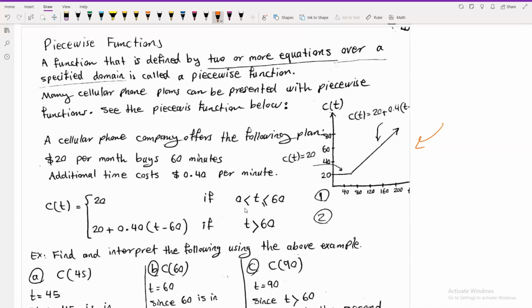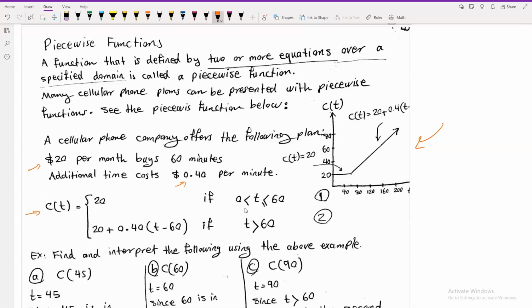Here this company offers the following plan: $20 per month by 60 minutes, additional time cost 40 cents per minute. So based on what is given here on this part, we can have our piecewise function.